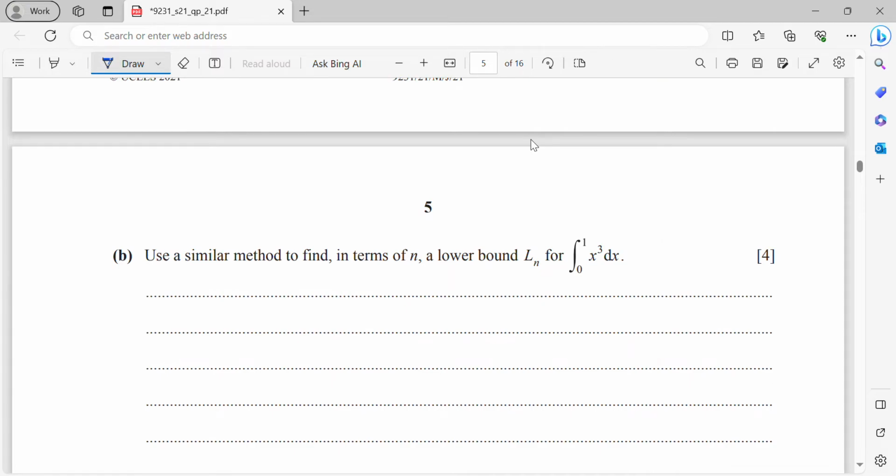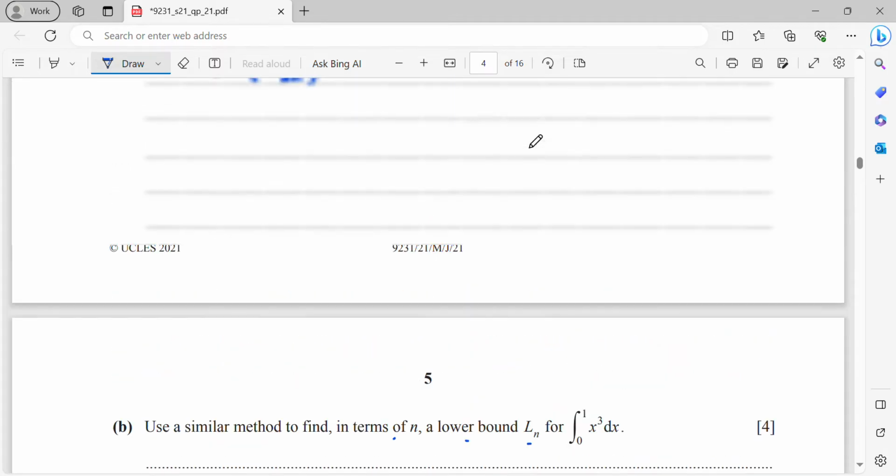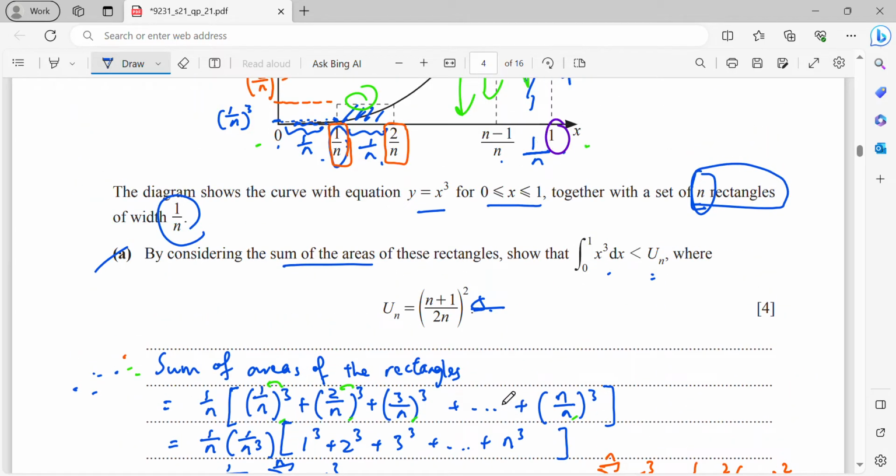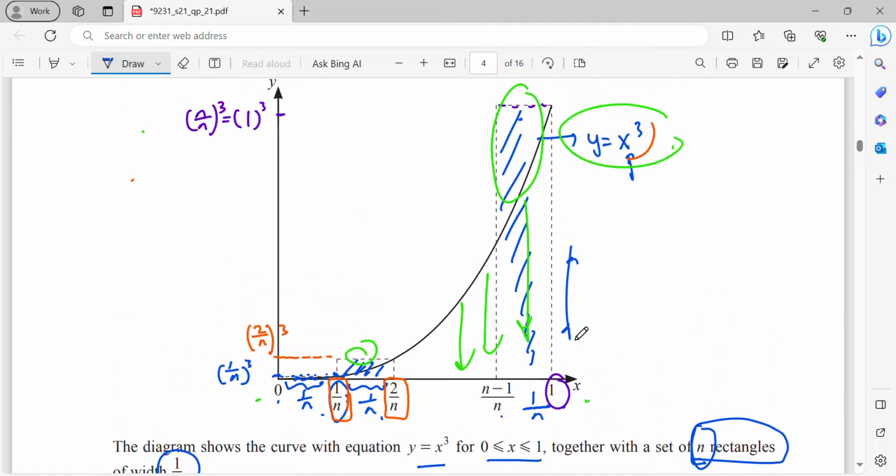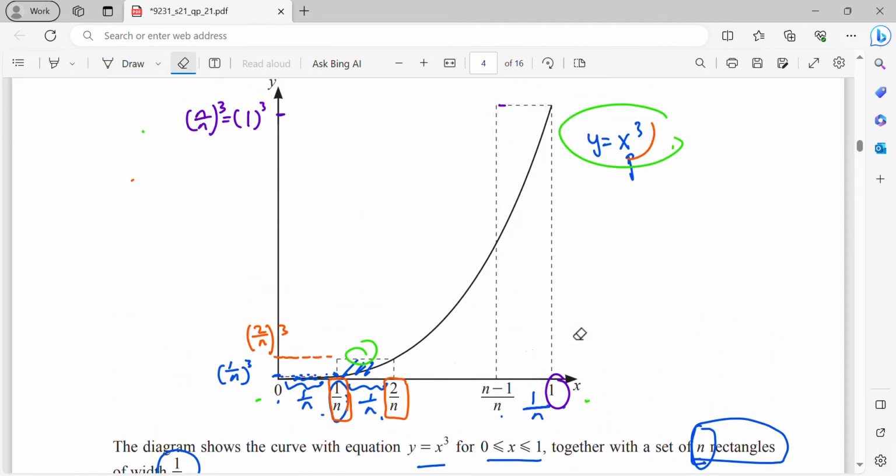Okay, now B, use a similar method to find in terms of n a lower bound Ln for this. Okay, so just now was upper bound basically. So for lower bound, now we have to refer to another rectangle. So remember just now we referred to the second ordinate of the rectangle. So now here we have to refer to the first ordinate.